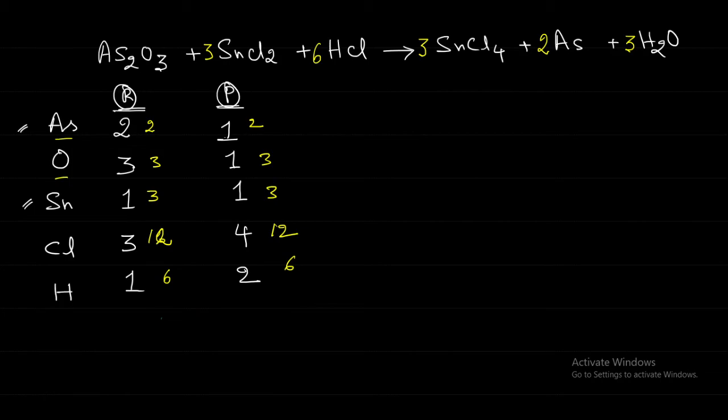Similarly we will try another one, this one is with iron, Fe, that is iron, reacting with water to form Fe2O3, that is the rust, iron oxide, and it is releasing hydrogen gas.